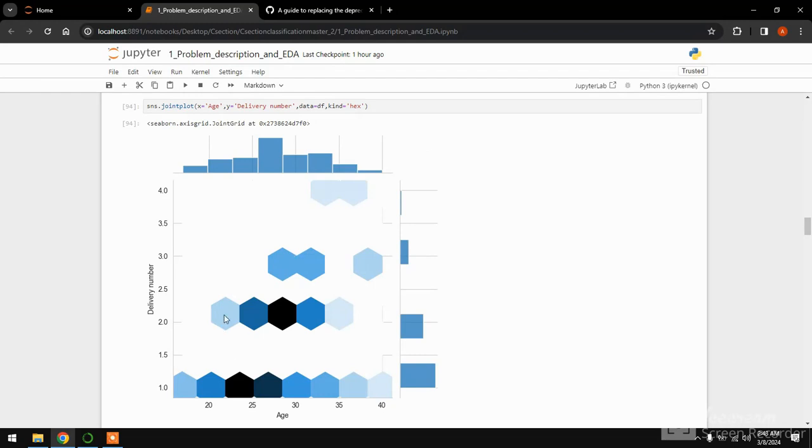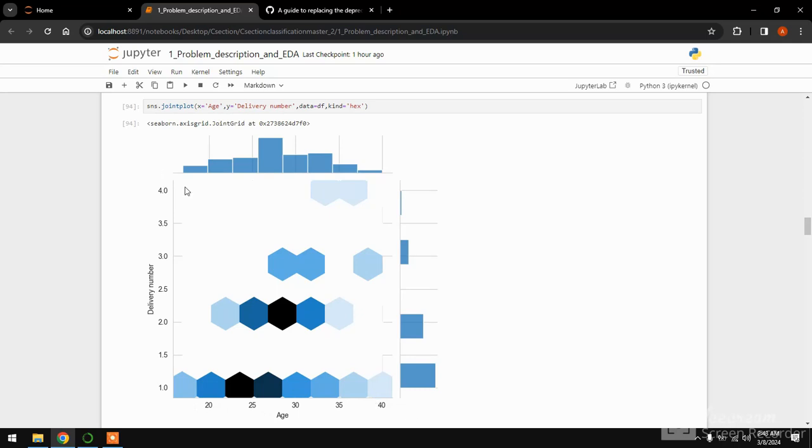Between the age of 24 and 25 we have a very large number of people who have given birth once, and then between the age of 26 and 28 most women have delivered for the second time, and so forth.